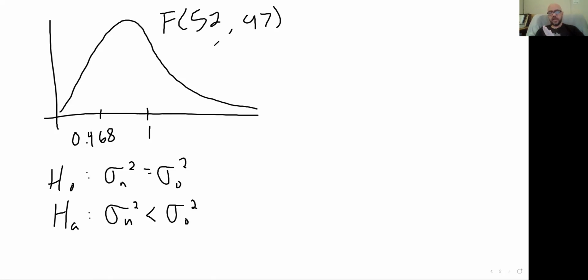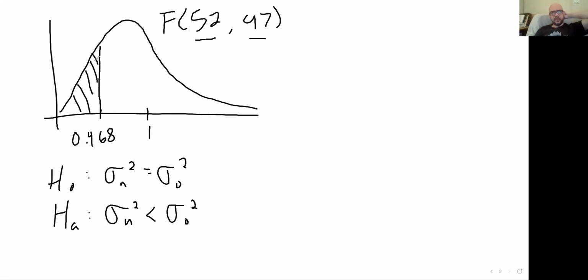And the reason you want to put it in that particular order is that, well, one mnemonic device you can use is same thing here, top, bottom, right? So the area I am looking for is over here. This is my p-value.